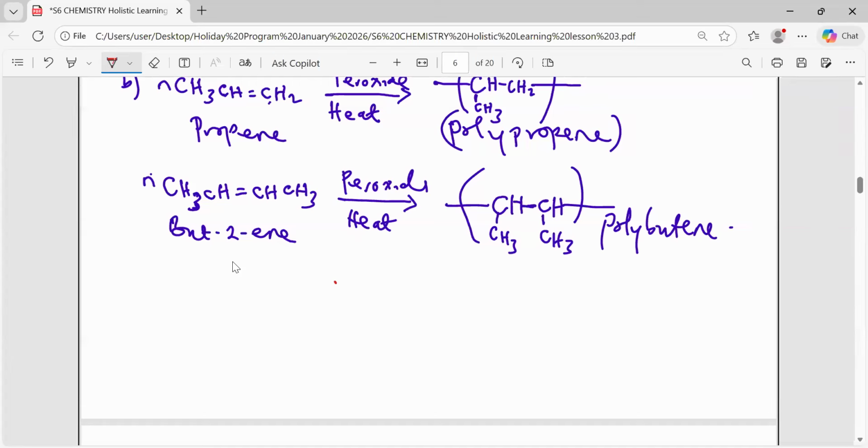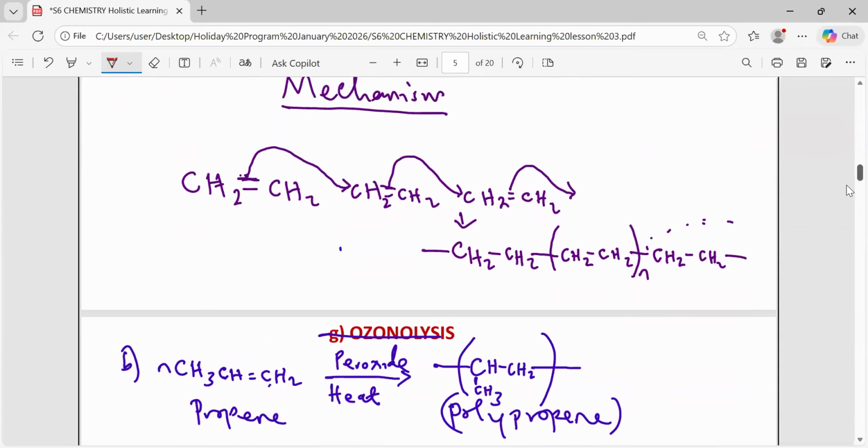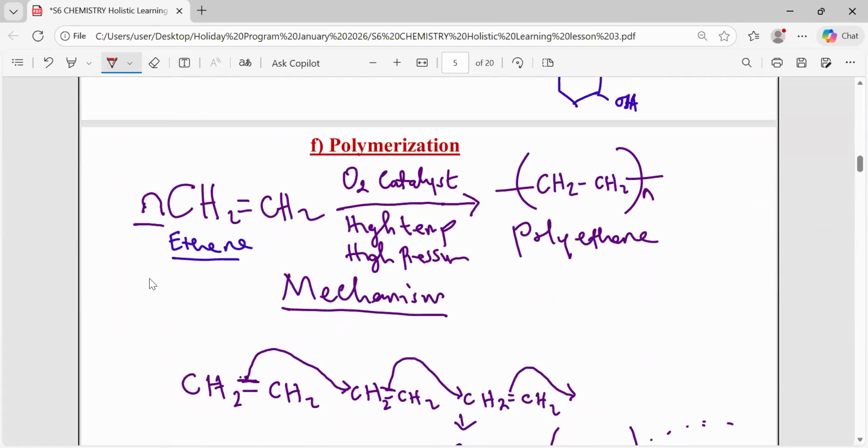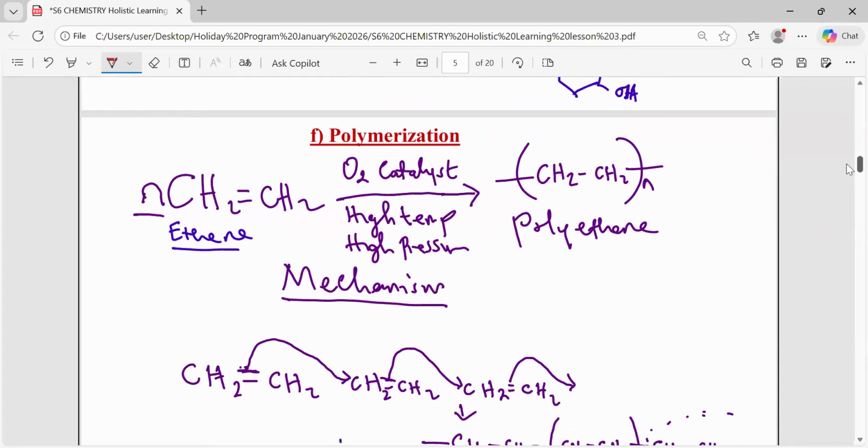So you may be knowing the peroxide and you heat and you get your product. You can be knowing oxygen catalyst at high temperature, high pressure, and you get your product. What you need to know is which product I get during polymerization and which reagents I can use. The good thing is all the reagents are giving us the same product. So you don't need to cram this one.